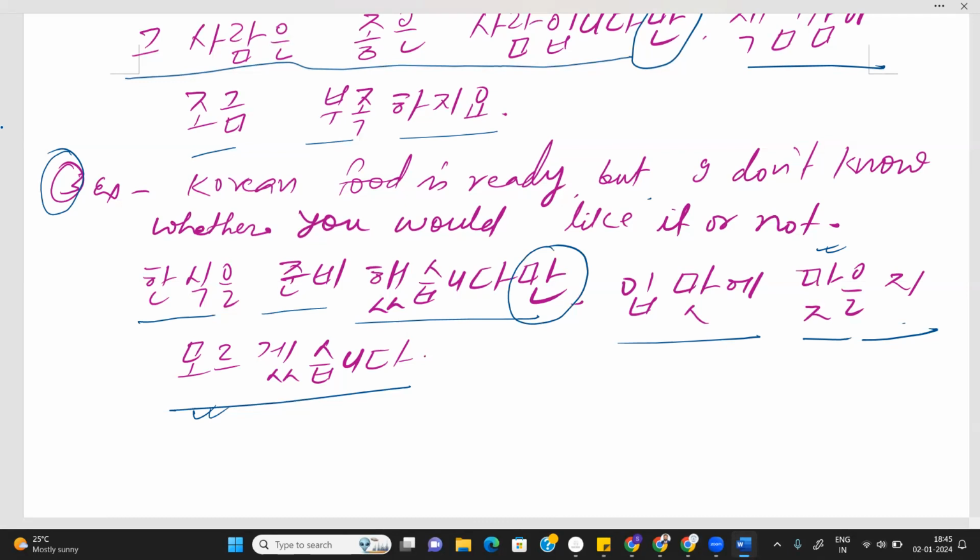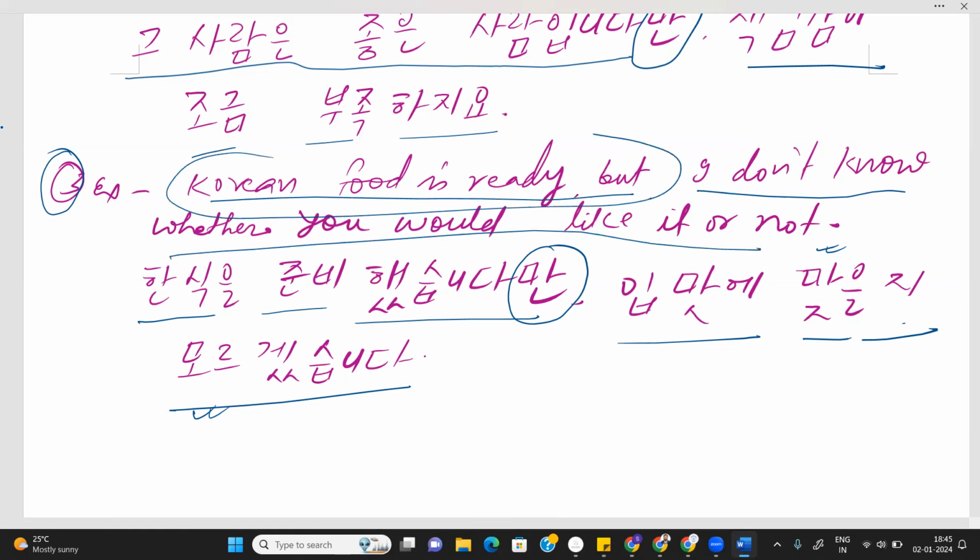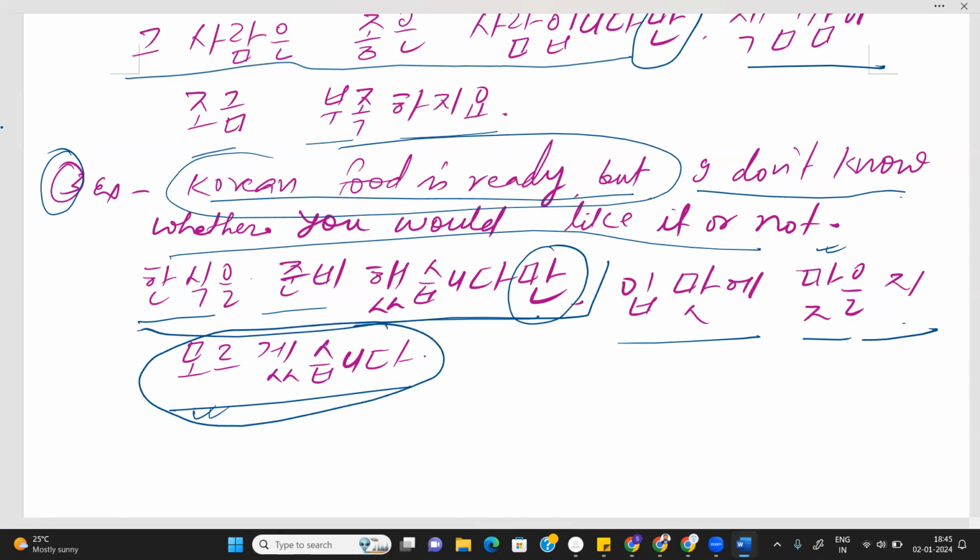Okay. Understand? Everyone? So, Korean food is ready, but, 한식을 준비했습니다만. I don't know, 모르겠습니다. Whether you would like it or not, 입맛에 맞을지 모르겠습니다.